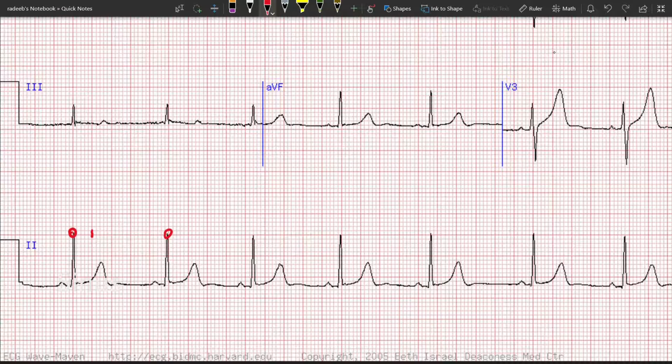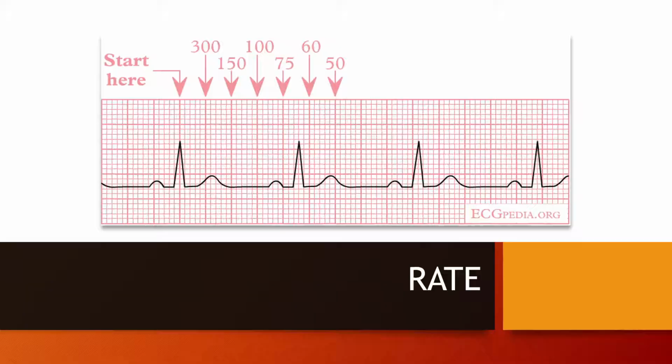So here would be 300, this would be 150, this would be 100, 75, 60, 50. You do have to memorize these numbers: 300, 150, 100, 75, 60, 50. So this method you do have to memorize.